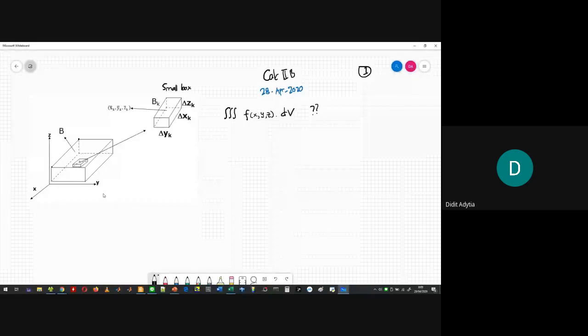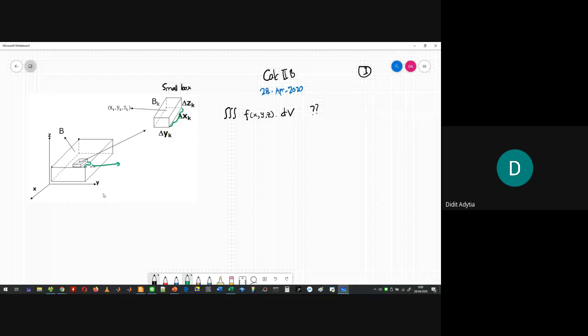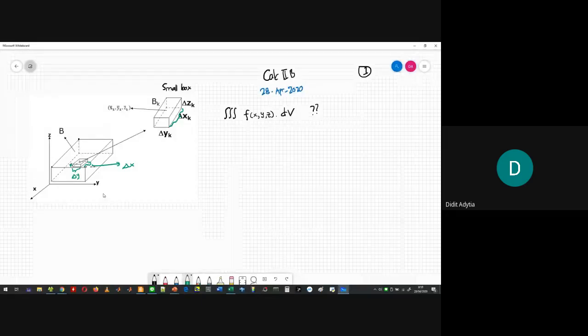In this small box, we consider the length of this one is delta x. The length of this one is delta y, and the height of this box is delta z. Okay, just as this one.